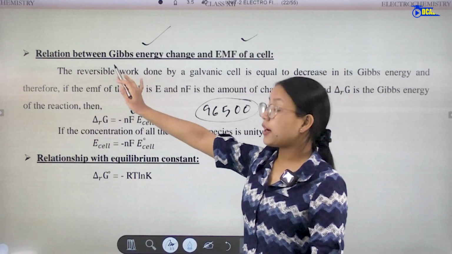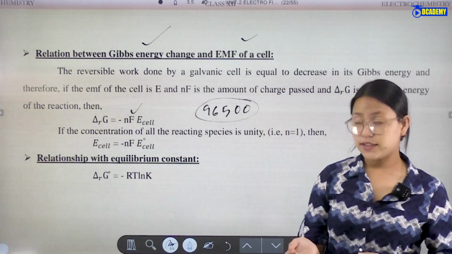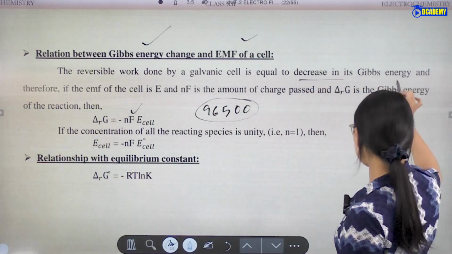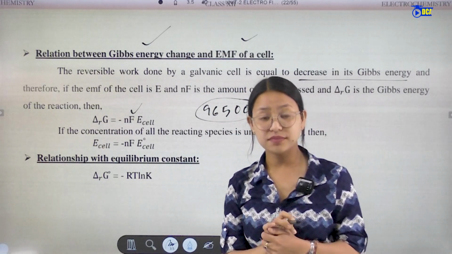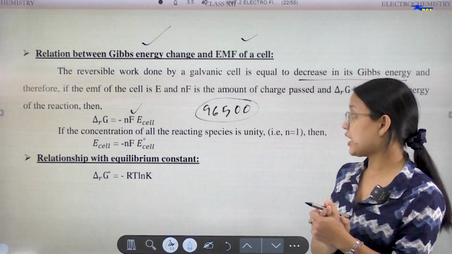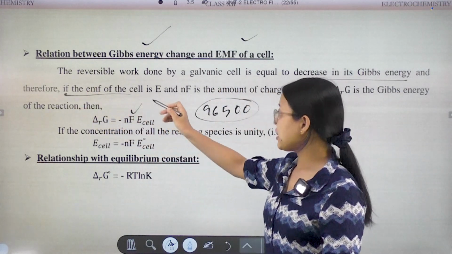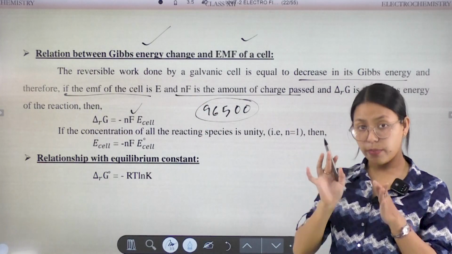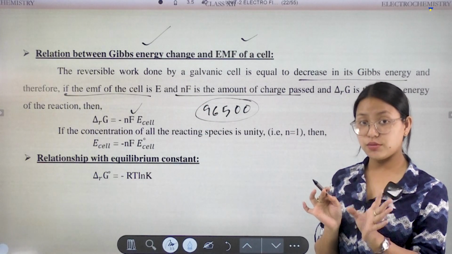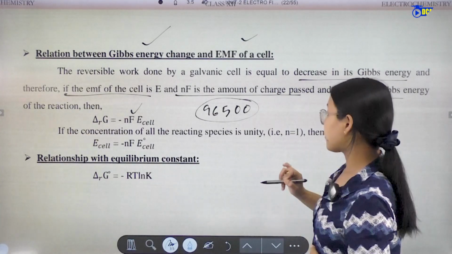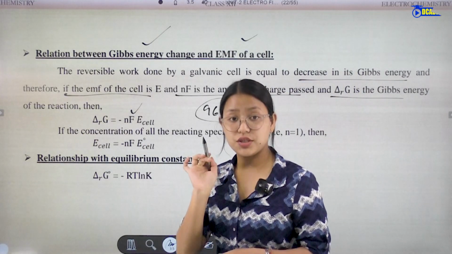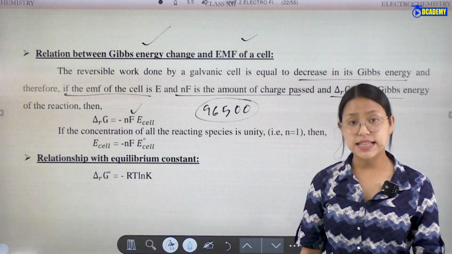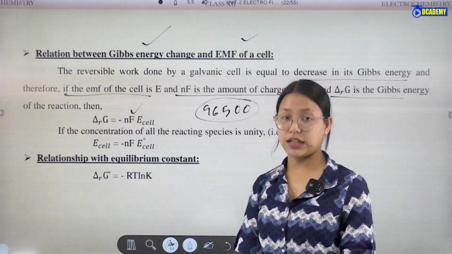Then reversible work done by a galvanic cell is equal to a decrease in the Gibbs free energy. Therefore if the EMF of the cell is E and NF is the amount of the charge passed, then the Gibbs free energy change delta RG is equal to minus NFE cell.